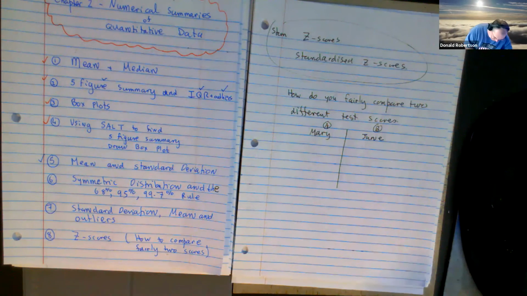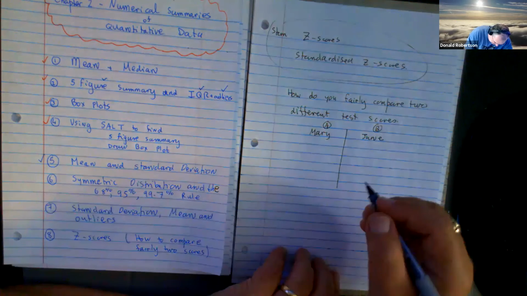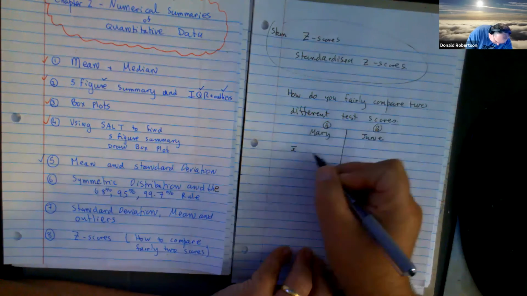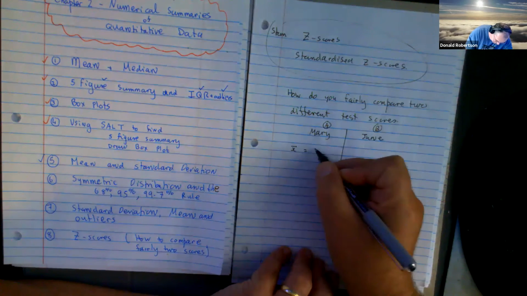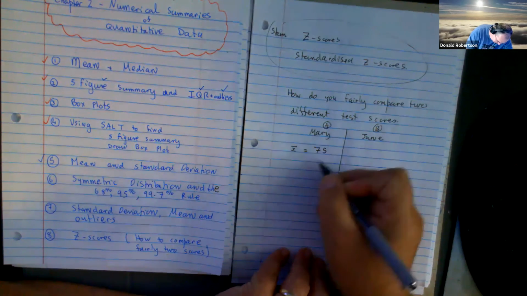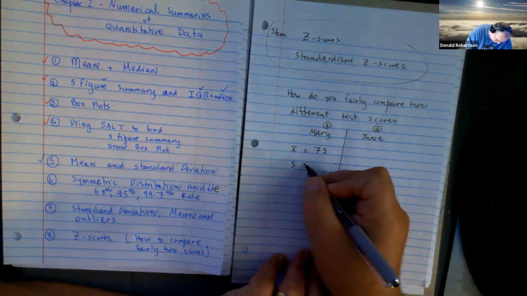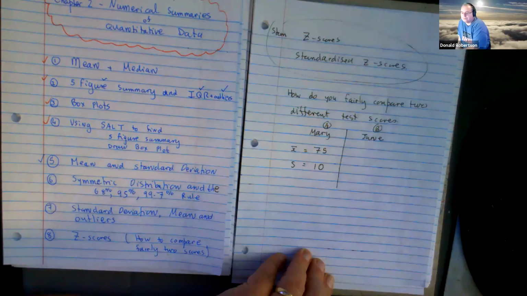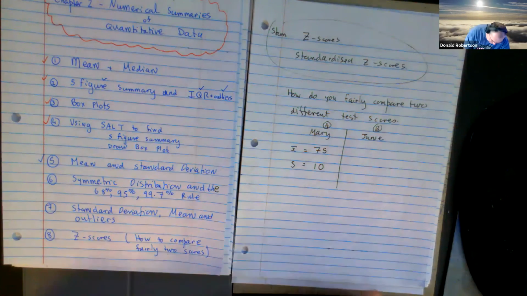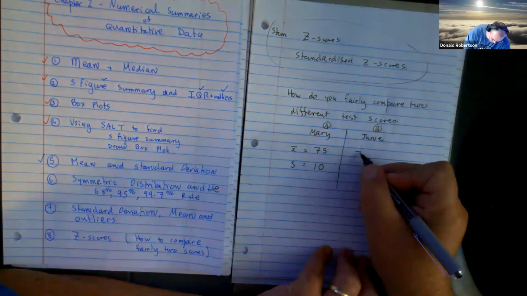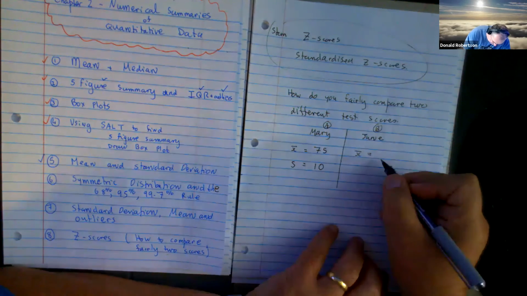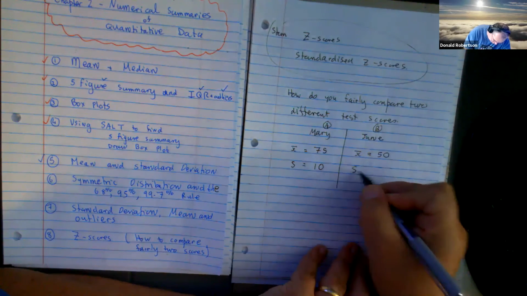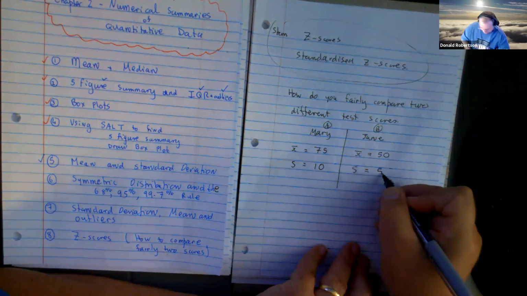In that final exam, the mean of Mary's class, class A, was 75, and the standard deviation was 10. In June's class, the mean was 50, and the standard deviation was 5.